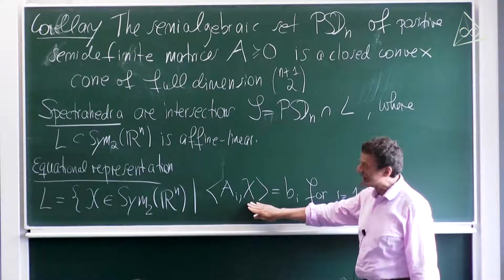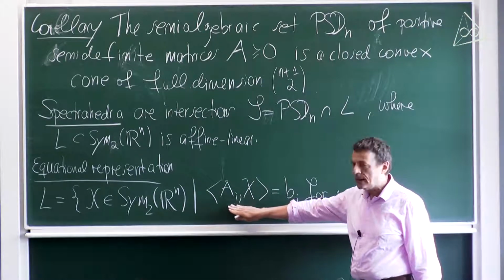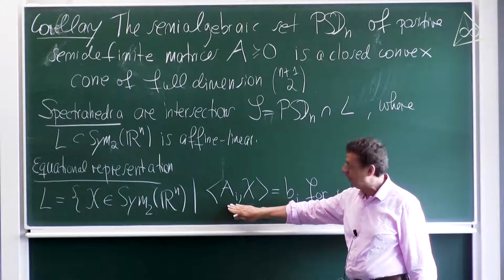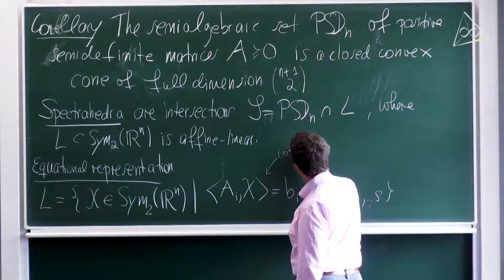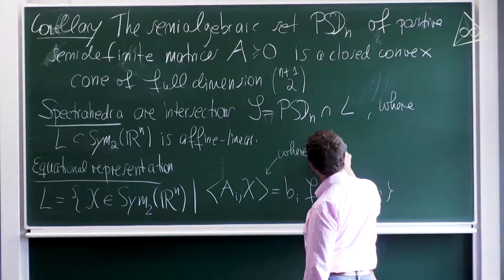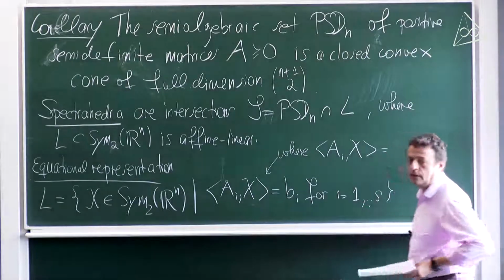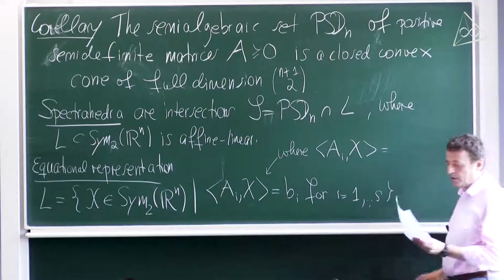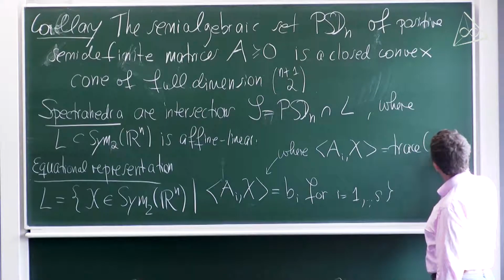Here X is an unknown symmetric n by n matrix, A_i is a fixed symmetric n by n matrix, and the inner product <A_i, X> is simply the dot product between the entries.